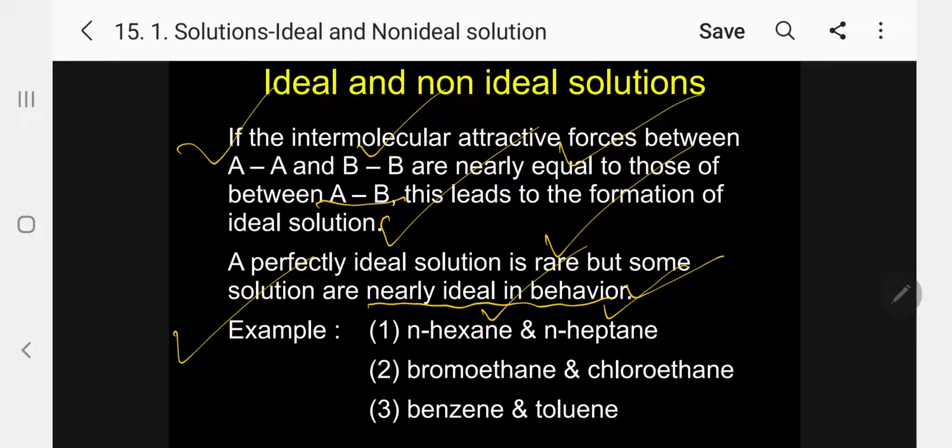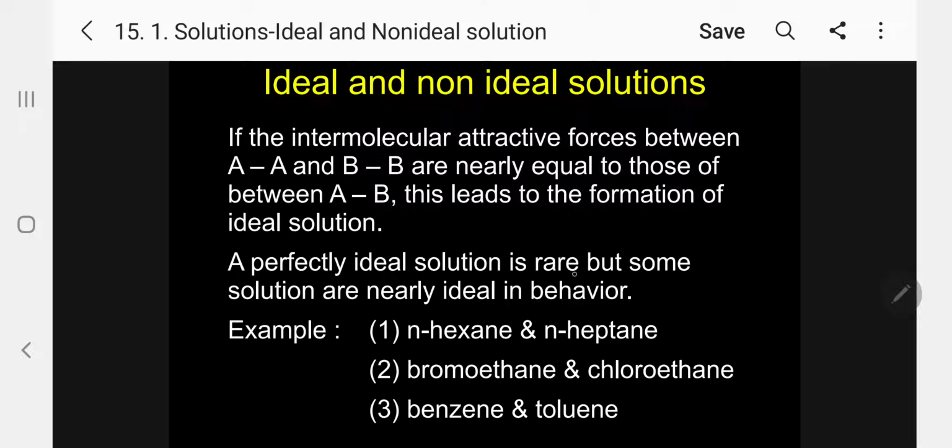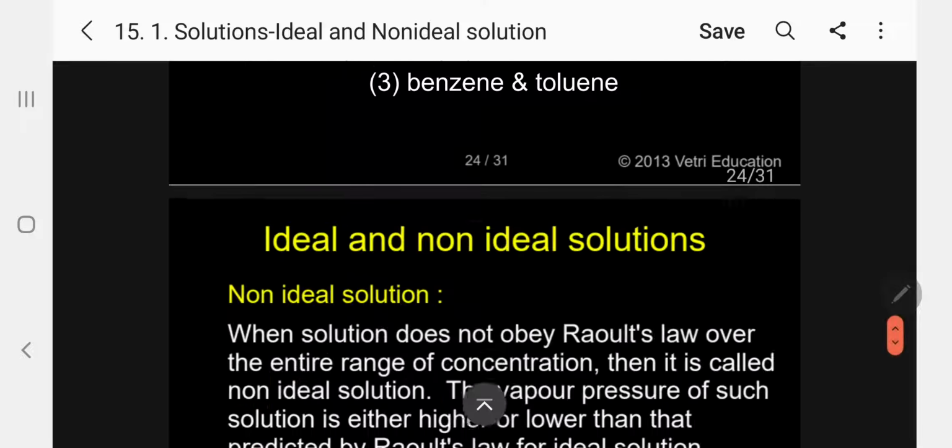Number 2, bromoethane and chloroethane, another example. Number 3, benzene and toluene. These three examples are ideal solutions. That means the AA interaction and BB interaction are almost nearly equal to the AB interaction.